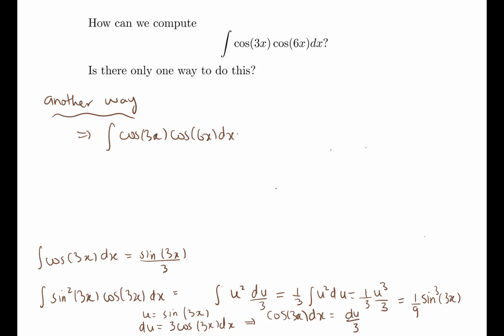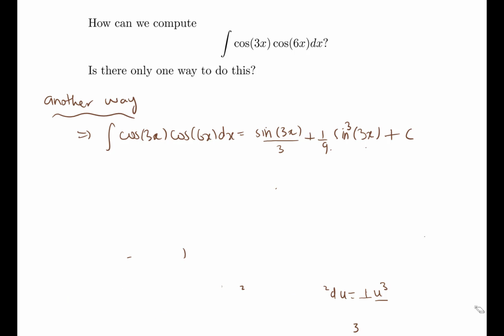We have 1/3 of sine of 3x plus 1/9 of the sine cubed of 3x, and then we add constants to get just an arbitrary constant. We can call it c, and that would be it.